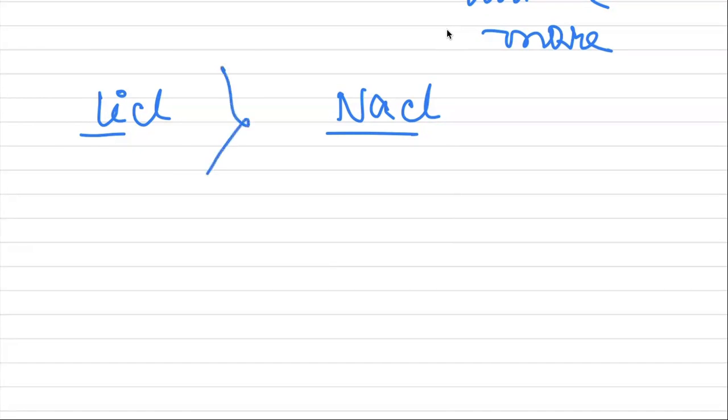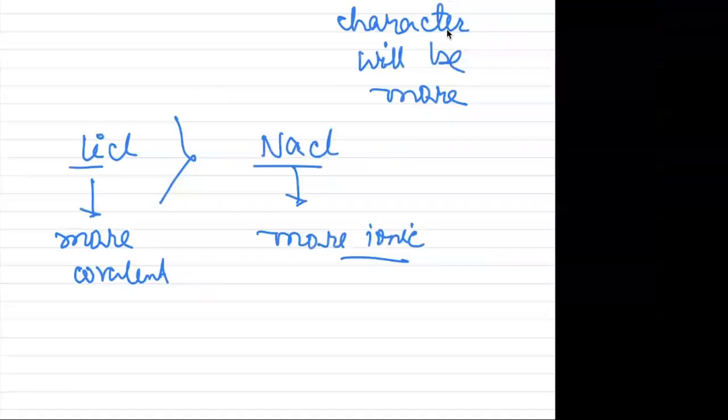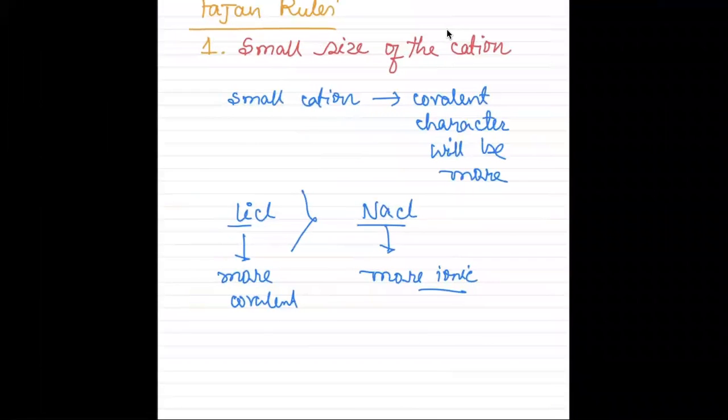So obviously lithium chloride is more covalent, and NaCl is more ionic. As the size of lithium is less than that of sodium, lithium forms a more covalent compound than NaCl. So is this point clear? Small size of the cation? Yes, ma'am.